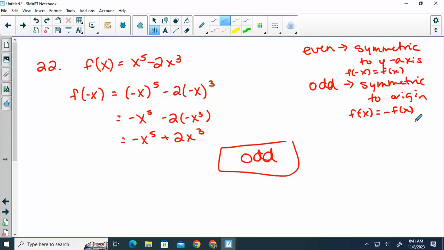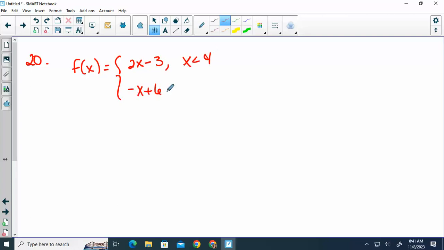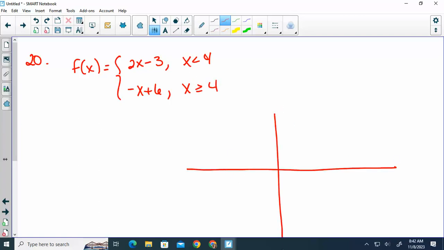Can you go over the continuous one? Okay, so first, you have to get a graph.